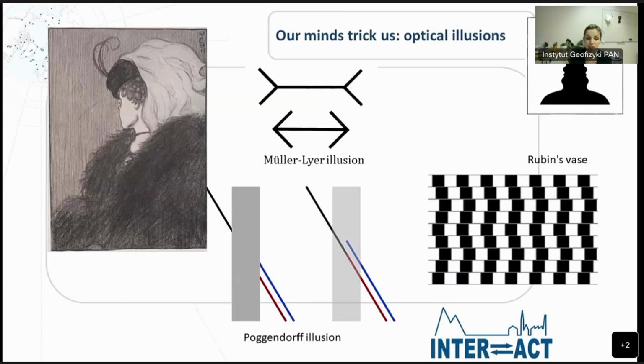So we tend to misinterpret an image, so it is misinterpreted by the brain. And it happens under the influence of contrast, of shadows, and they all automatically mislead our brain. So this type of illusion is a result of some mechanism of perception.